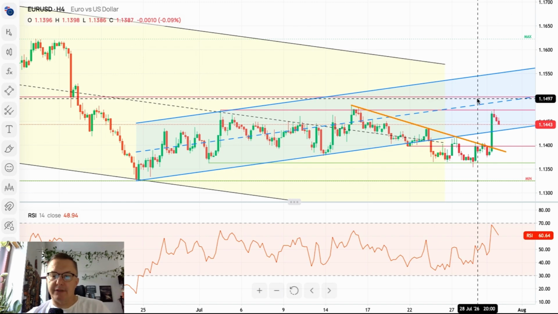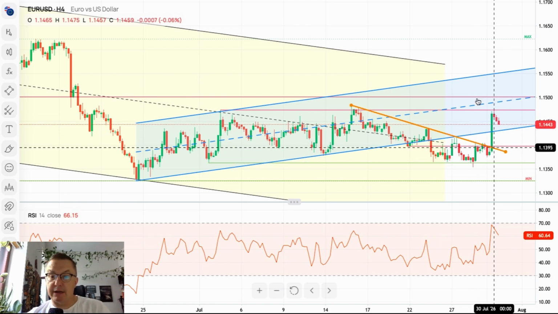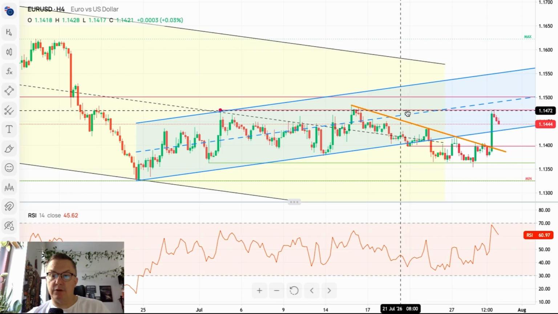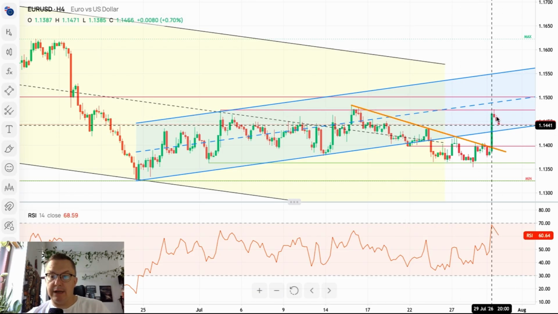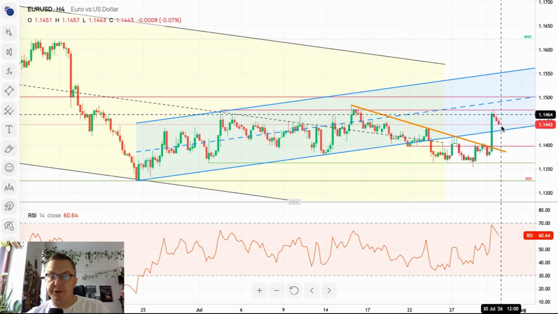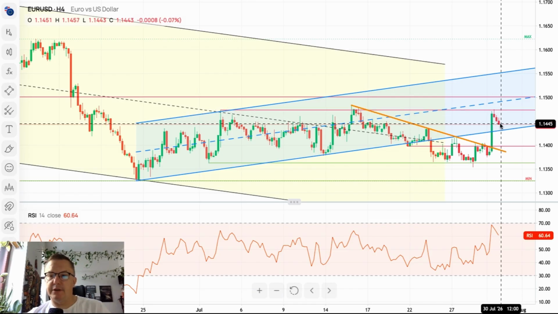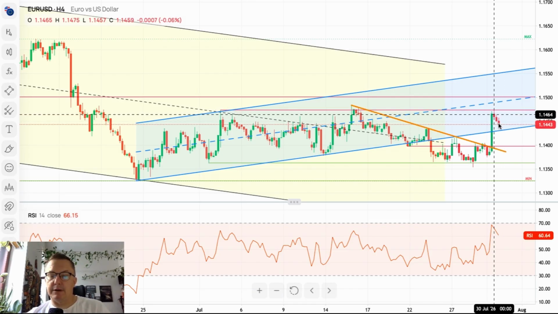The euro dollar 4-hour time frame chart is showing us a big breakout higher towards the swing high from July 15, 2026. 1.1483 has been tested and rejected. So basically, euro dollar, the next day after the Fed interest rate decision, is trading very close to 1.1475.